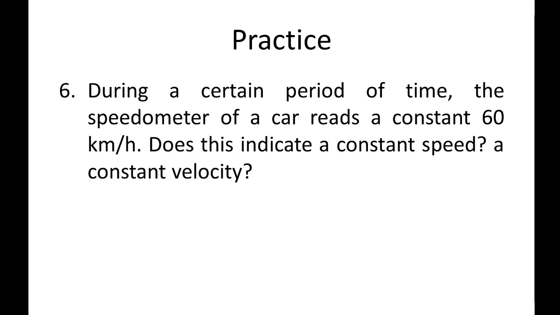During a certain period of time, the speedometer of a car reads a constant 60 km per hour. Does this indicate a constant speed or a constant velocity?